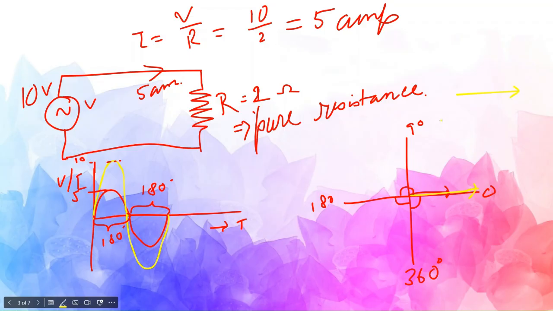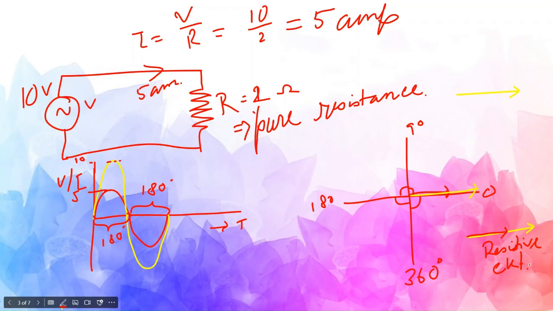So this is the voltage phasor, and then this is the current phasor for a resistive circuit. It's a pure resistive circuit.